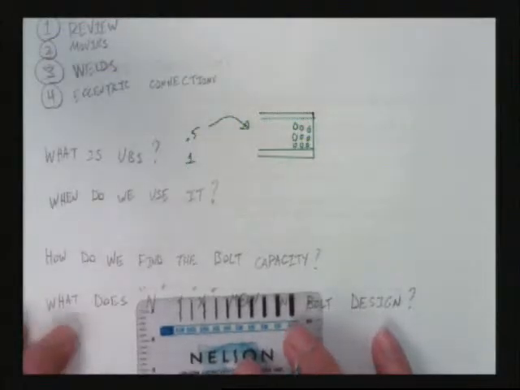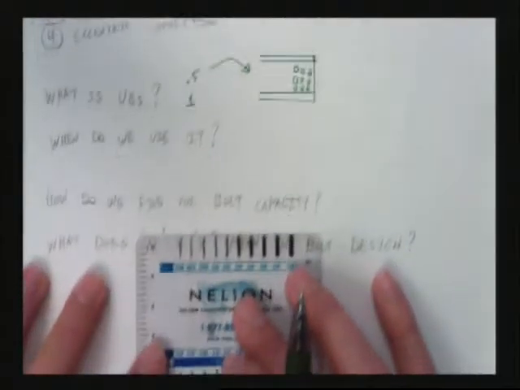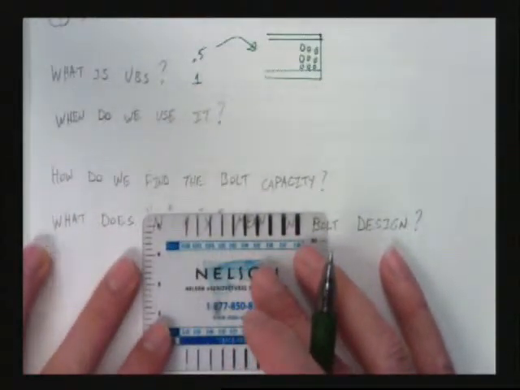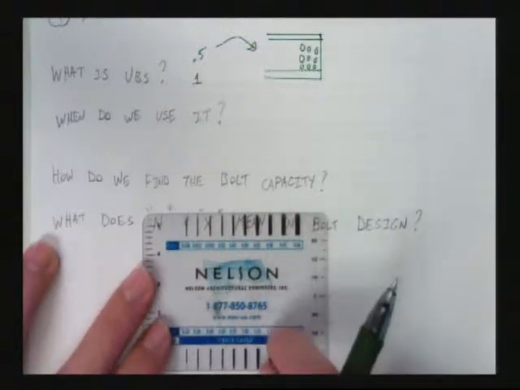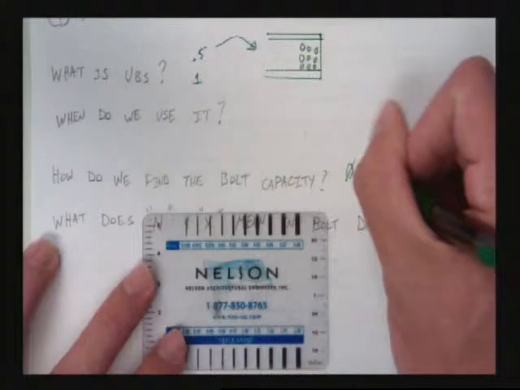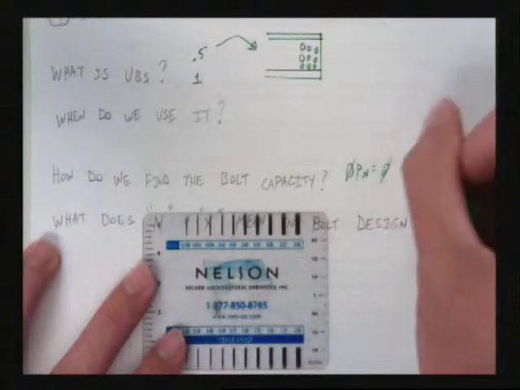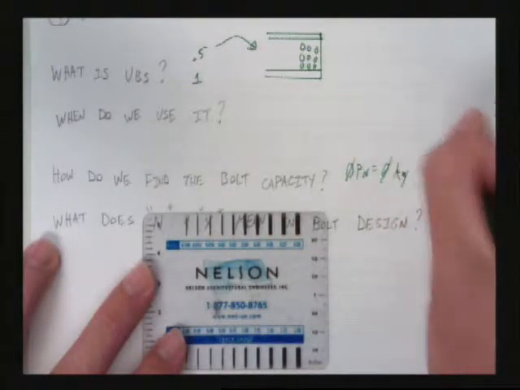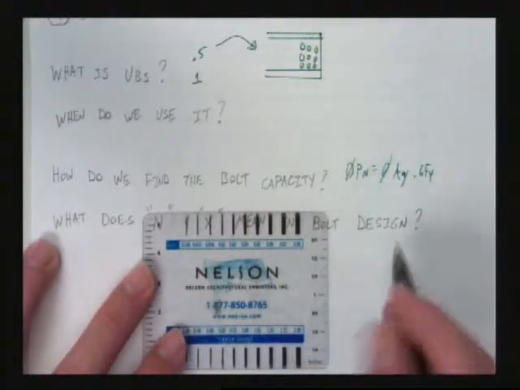Okay, now let's say I want to find the bolt capacity of something. How do I find the capacity of a bolt? Table, right? Don't use an equation for the bolt capacity. If you try to use some equation that looks like phi Pn equals phi area times 0.6 Fy, they don't ever work.